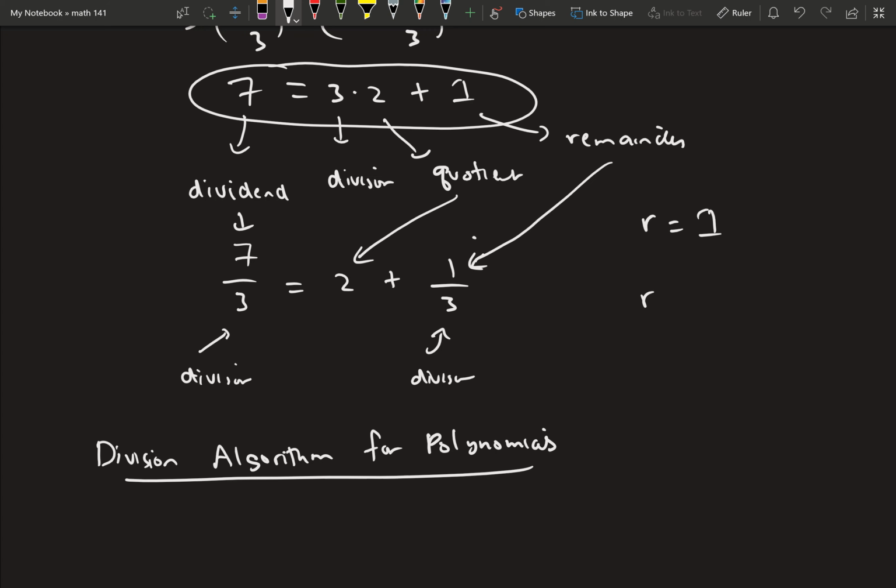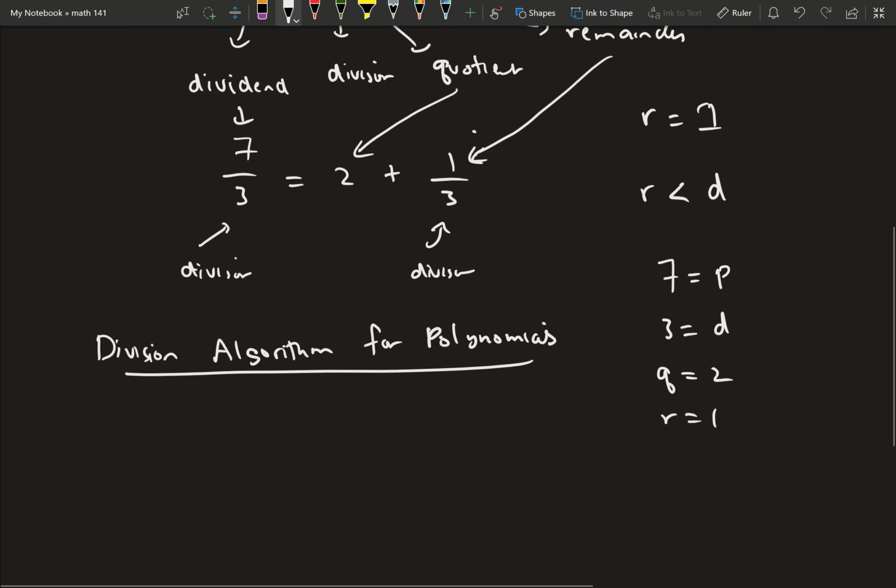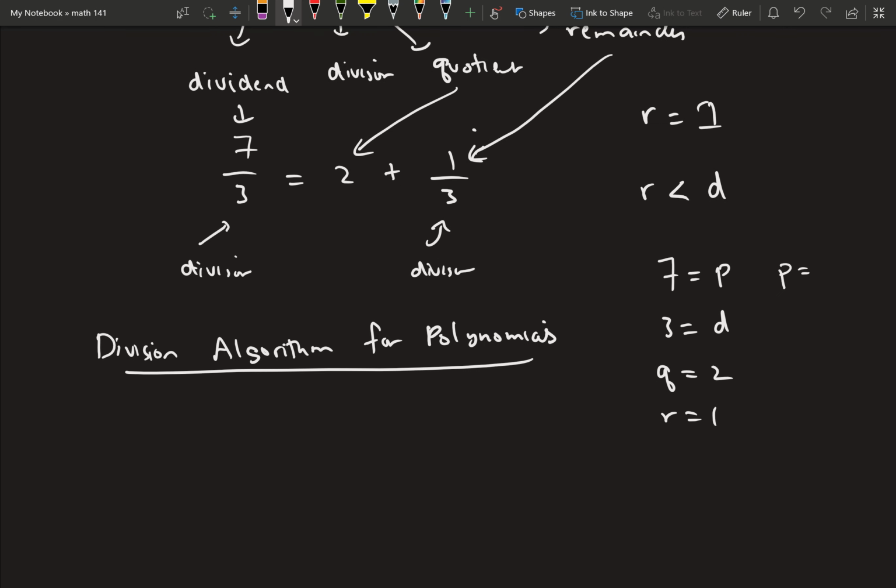This r must be less than the divisor. The divisor, we'll call this d. So if we called 7 p, and our divisor 3 was d, and our quotient q was 2, and our r is 1, we have p is equal to d times q plus r, where r is less than the divisor. Right, the remainder must be less than the divisor.